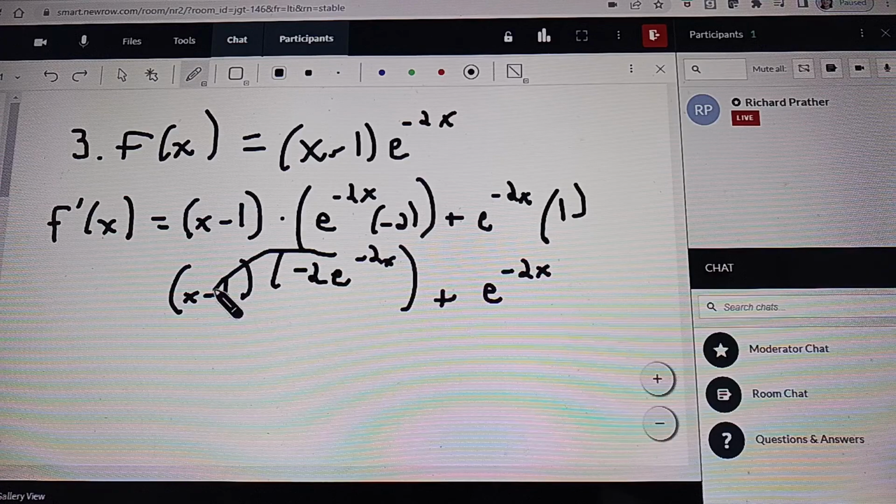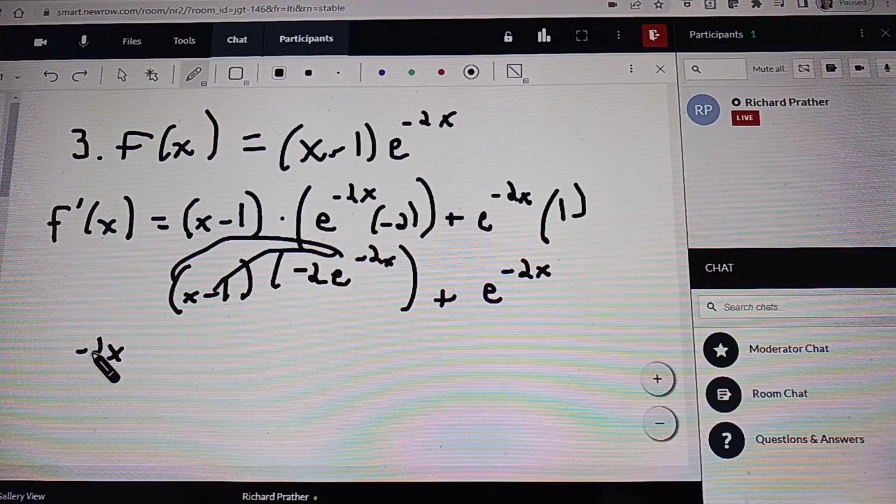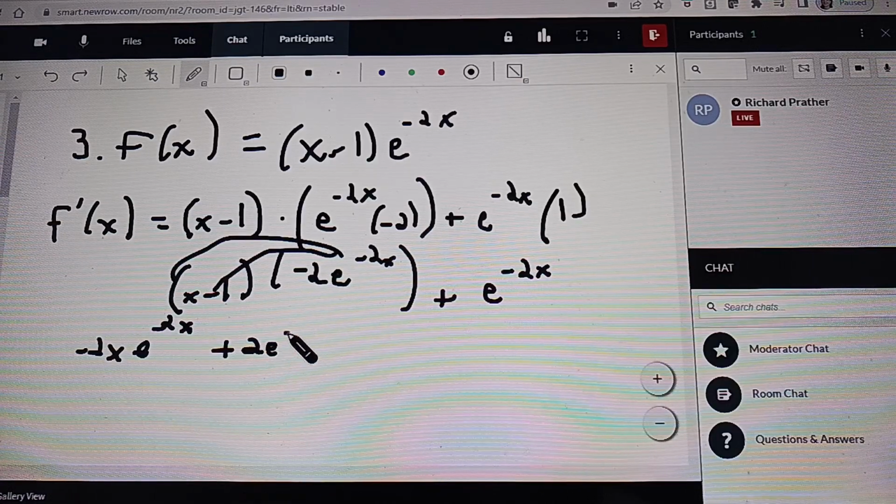You could distribute this to these two parts and get -2x e to the -2x, minus, or actually turn into plus 2 e to the -2x. That's a distributive property right there. And then plus this e to the -2x.